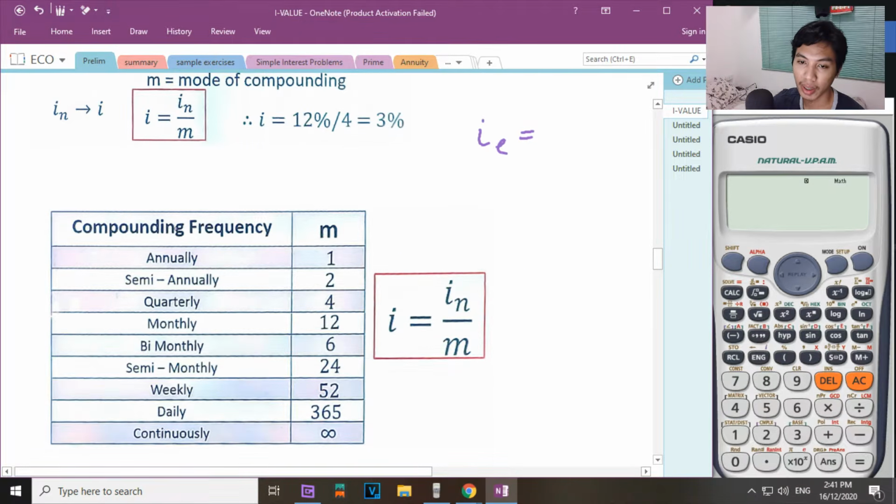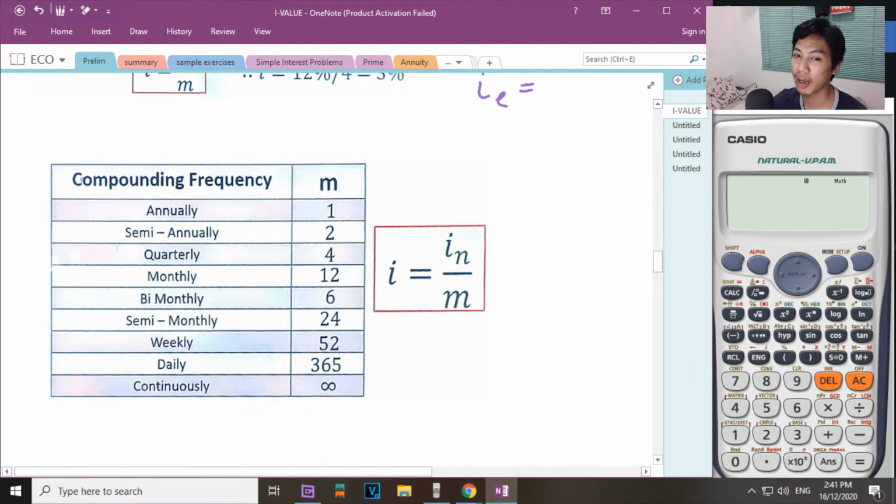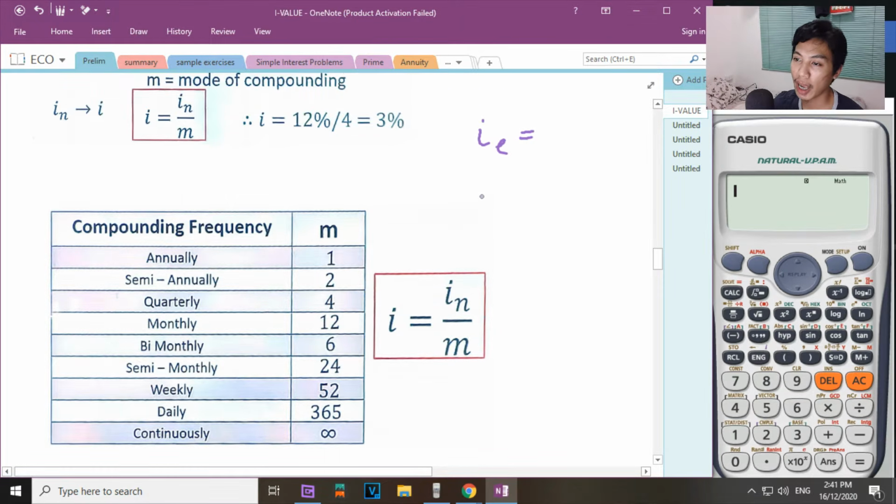Okay? Now, punta muna dito tayo sa compounding frequency. Okay. Kapag ang M mo, that will be sinabi, compounded annually. So, that is one time compounding mode. Semi-annually, dual, quarterly, 4, monthly. So, there are 12 months in a year.